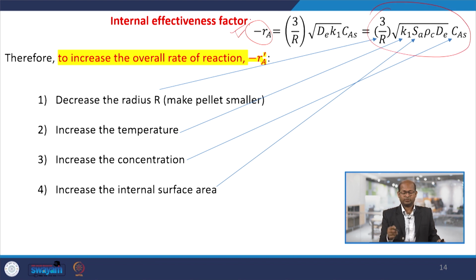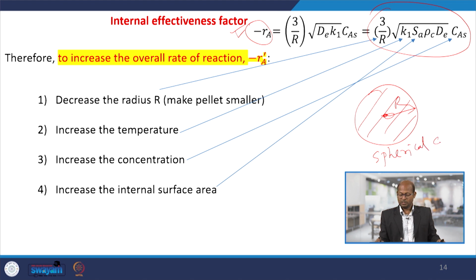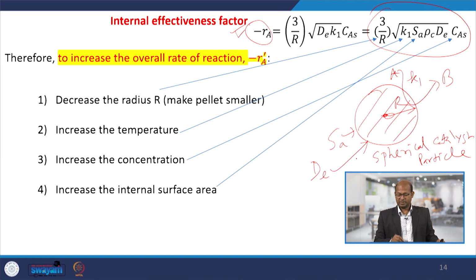So, whenever we are conducting a reaction inside spherical catalyst particles, and we are conducting A going to B, here the reaction rate constant K 1 we know, the surface area of the catalyst we know, the effective diffusivity of the catalyst particle we know, and the surface concentration if we know. Okay. The density of the catalyst particles is known.